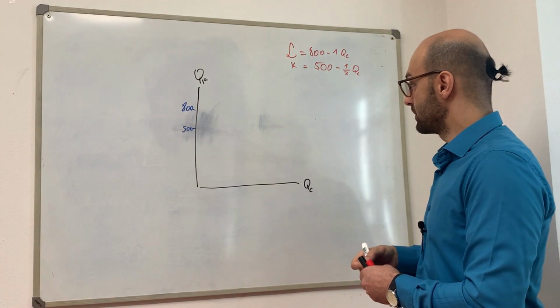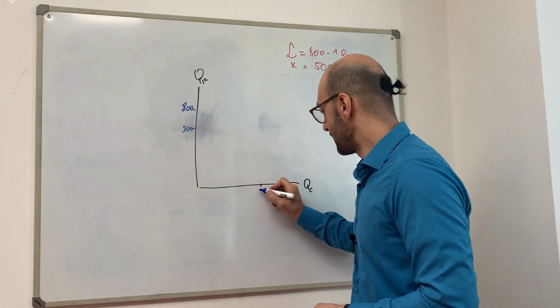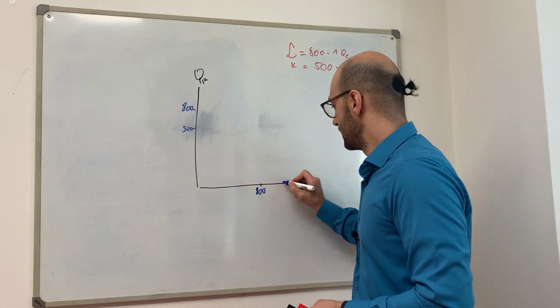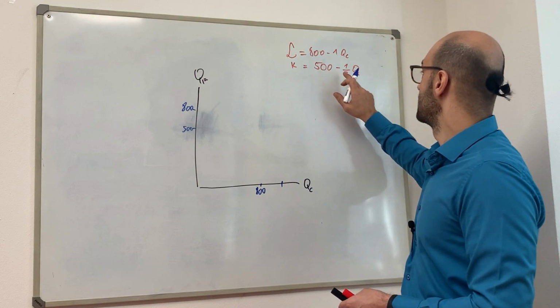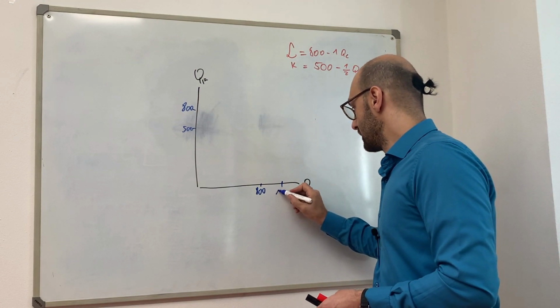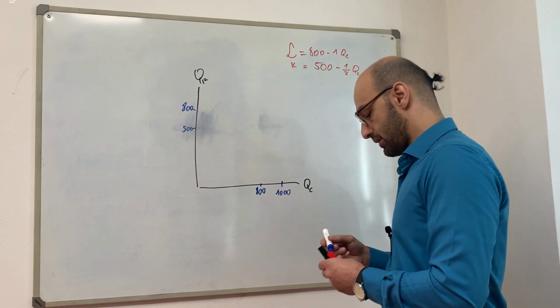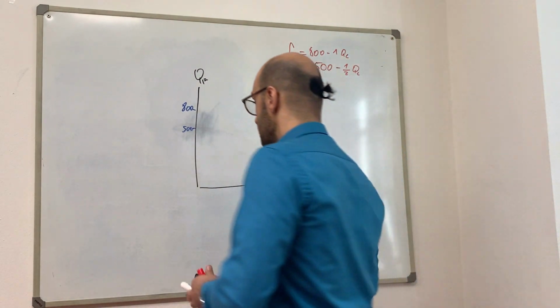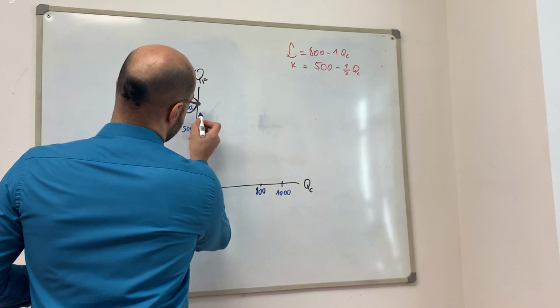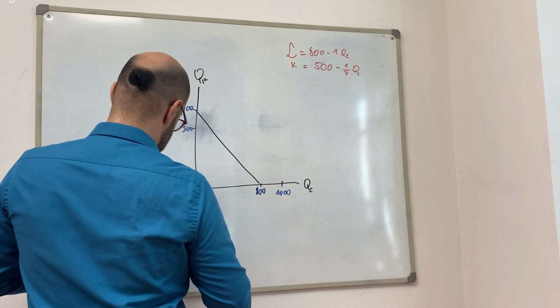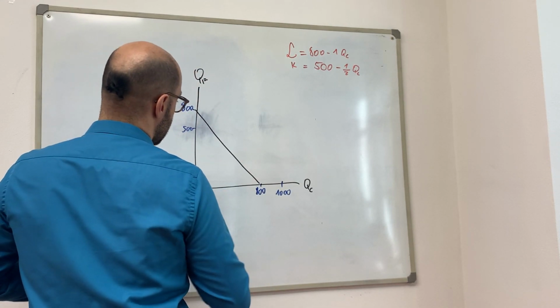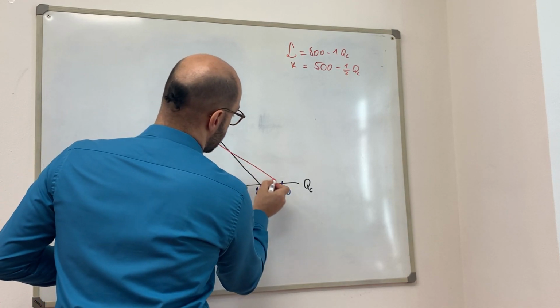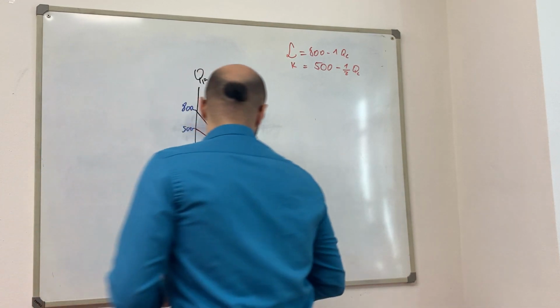So 800 divided by 800 remains 800. And 500 divided by a half gets 1000. Now you just need to simply connect these lines: 800 to 800, 500 to 1000.